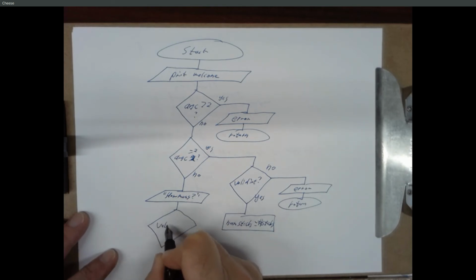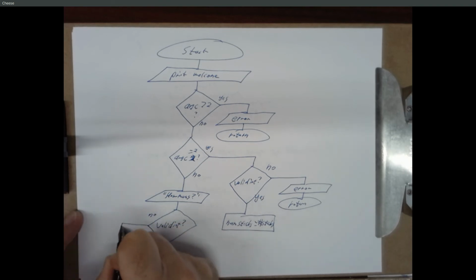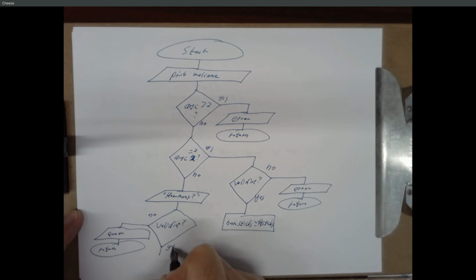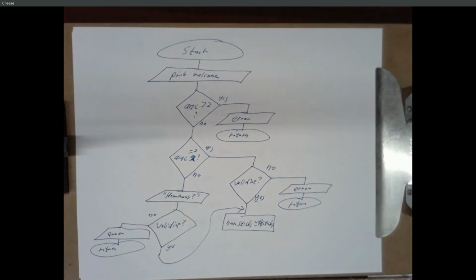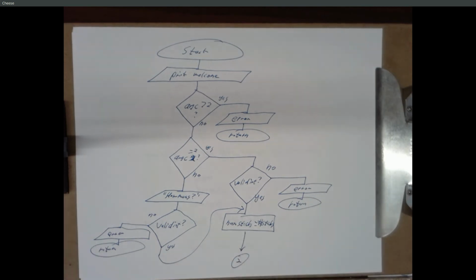If it's not a valid int, print out an error and return. If it is a valid int, just set your number of sticks equal to the integer that you parsed. And now we go on to the second page.